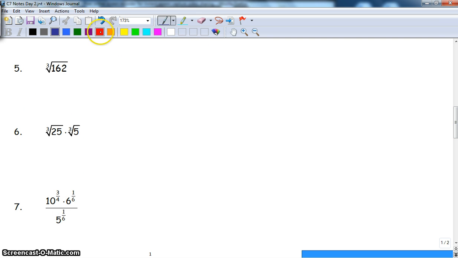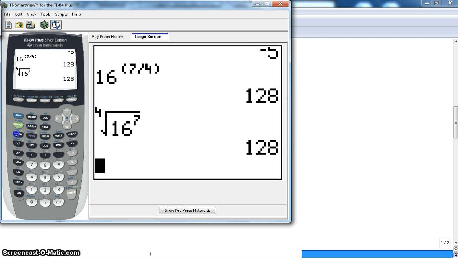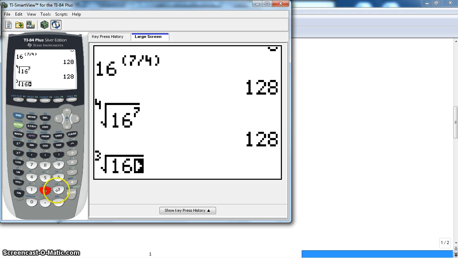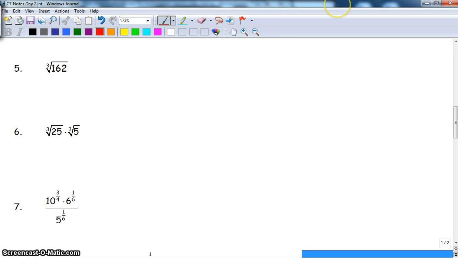All right, so we have the cubed root of 162. It doesn't hurt to just check to see if this is a perfect cube. Remember, we can go to our math button, go down to 4, and obviously that's not going to work. So that means we're going to have to break 162 down.